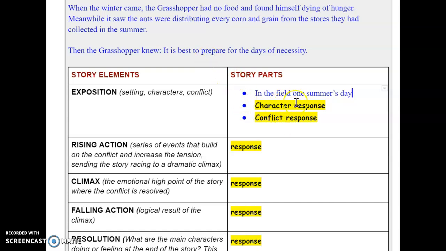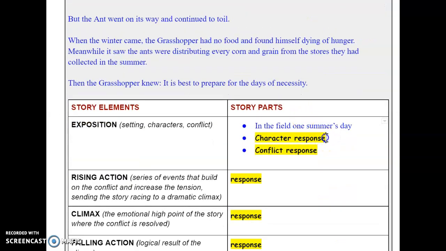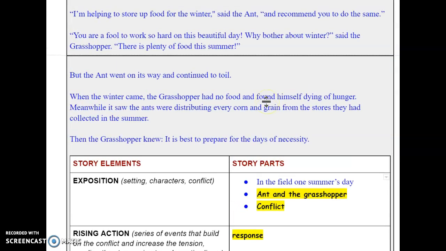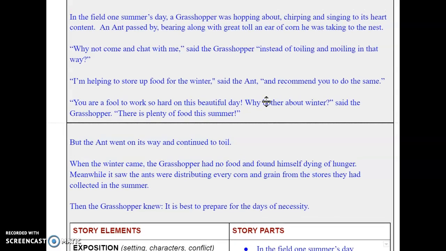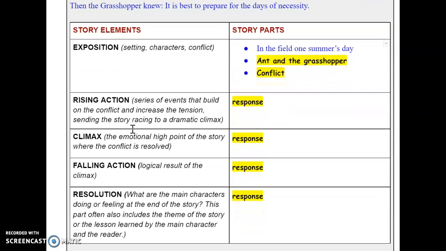Now I need to figure out who the characters are. And I already know that the characters are the ant and the grasshopper. Now I need to figure out the conflict. When I go back up, I need to analyze this because it's not super clear to me, but looking at this conversation, it looks like the grasshopper thinks that the ant's a fool to be working so hard, and the ant thinks that's the right thing to do.